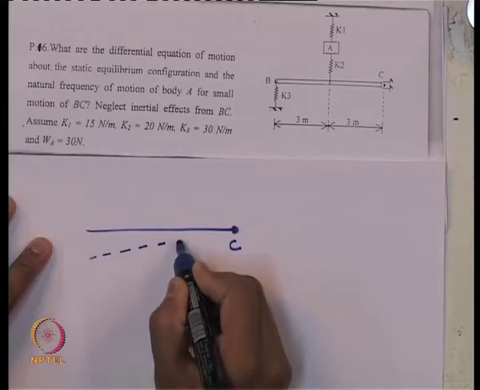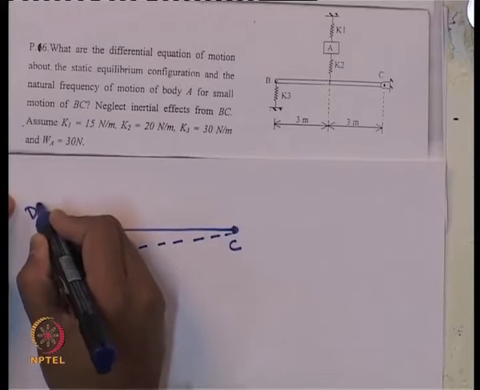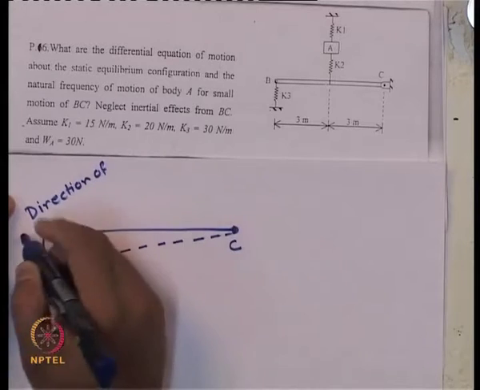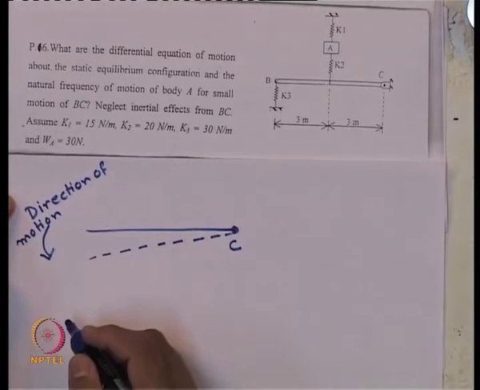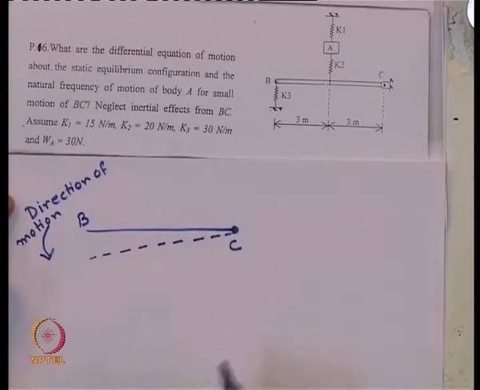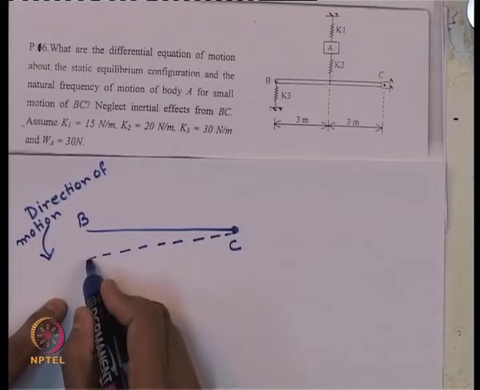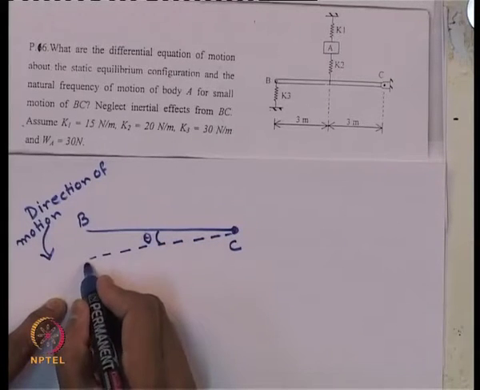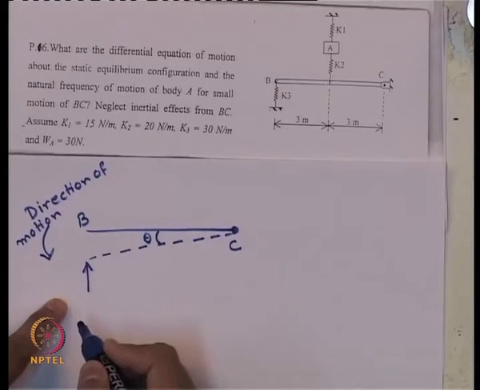For a small rotation, this is the direction of motion we are considering at any instant of time. This is end B, this is end C, which is hinged. Here one spring was connected. So, of course, if it is rotated by an angle theta, some spring force will come from this side.